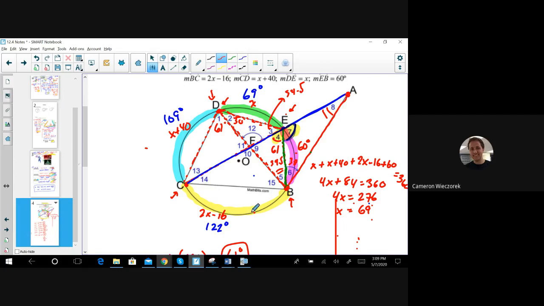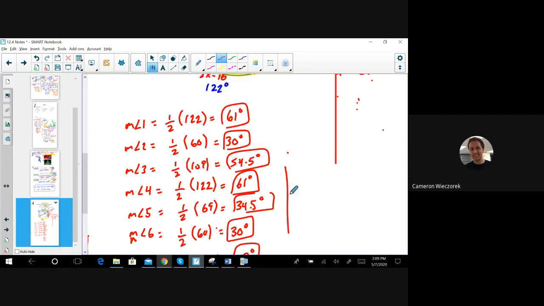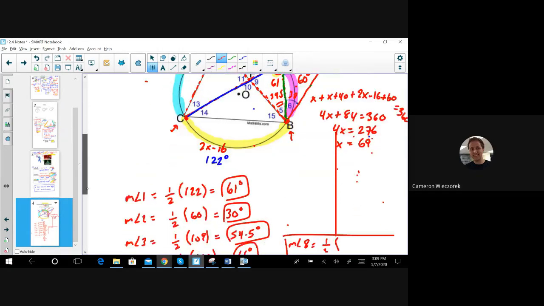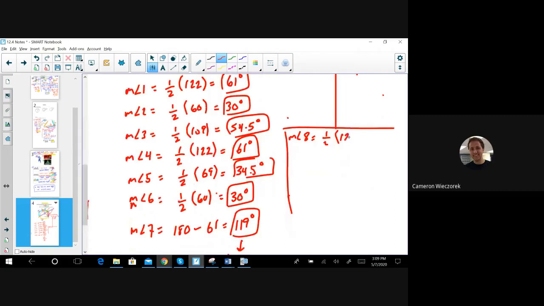I do outside minus inside, and I divide by 2. Measure of angle 8 is going to be 1/2 the difference of those two arcs. The outside one was 122, and the inside one is 60. So 122 minus 60, and then cut it in half would be 31.